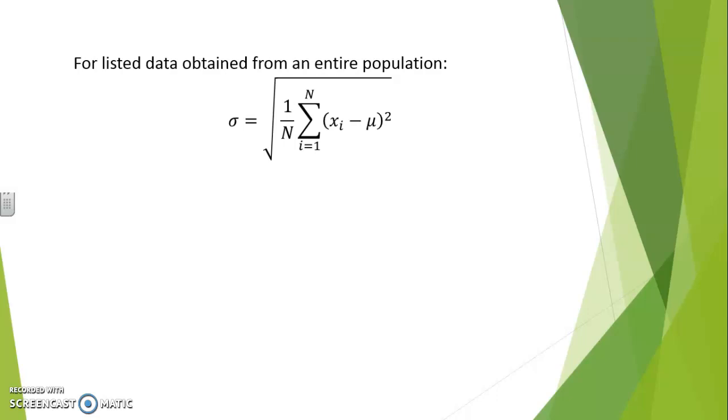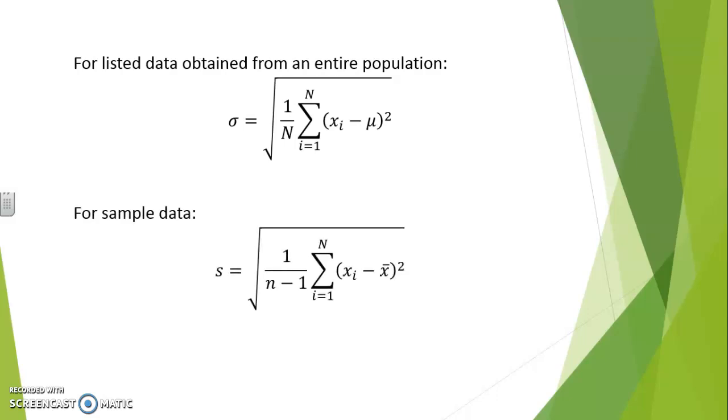If you have listed data, so individual access to the data that is obtained from an entire population, then sigma, which is the symbol for standard deviation obtained from populational data, is the root of 1 over capital N, where are added all of the differences between the individual data and mu, the average, and squared. The squaring is to avoid cancellations of positive and negative deviations.